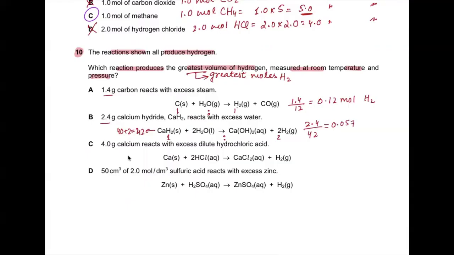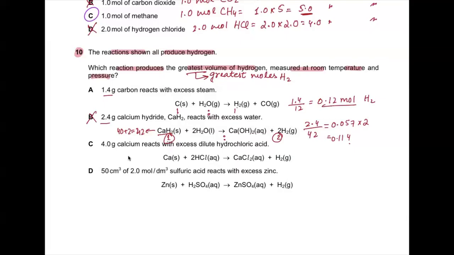So these are the moles of calcium hydride, right? And 1 mole of calcium hydride is producing 2 moles of hydrogen. So to calculate the moles of hydrogen, multiply it by 2. So if you multiply it with 2, it is going to be 0.114. So it is producing lesser moles of hydrogen than the first one, right? Still, the first one is producing more moles. So B goes wrong.